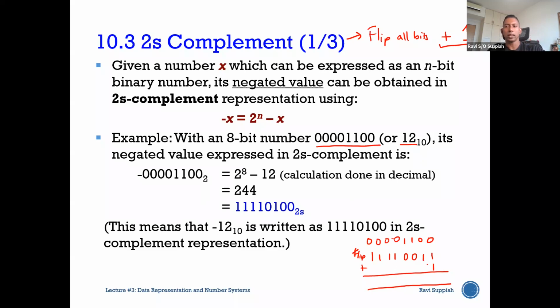So this is bit addition. I'm not sure if you know how to do this. In terms of bitwise addition, the rules are simple. 0 plus 0 is 0. 0 plus 1 is 1. 1 plus 0 is also 1. 1 plus 1 is 0 carry 1.